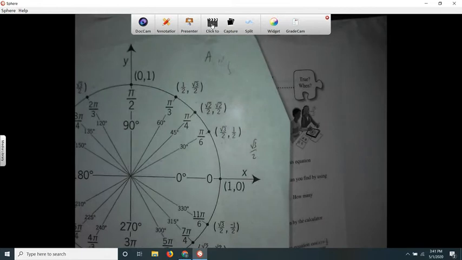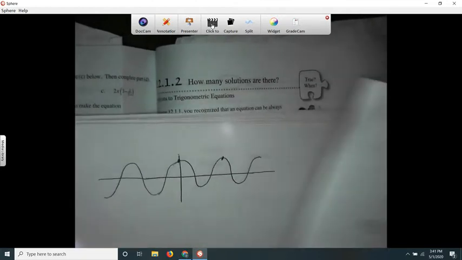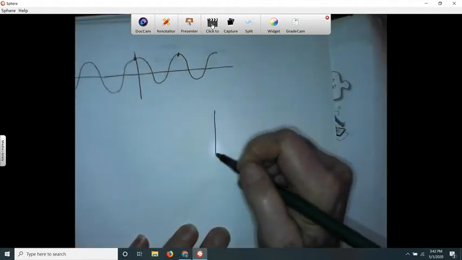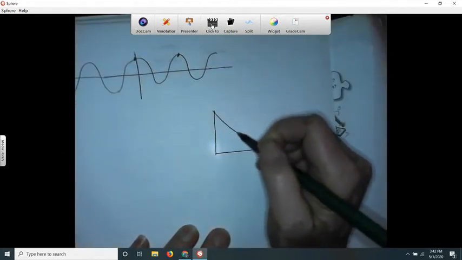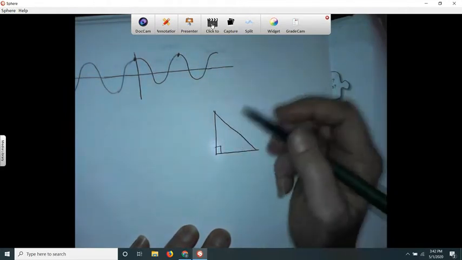You can go off to infinity to the right and left of this graph, and you can find lots of places where cosine x is a half. And even if you look at a triangle, for cosine x to be a half, let's look at a triangle.